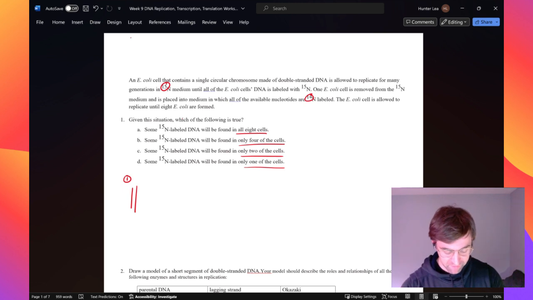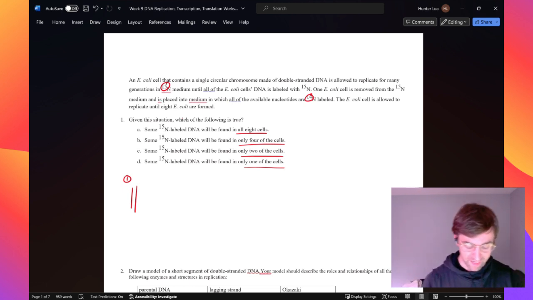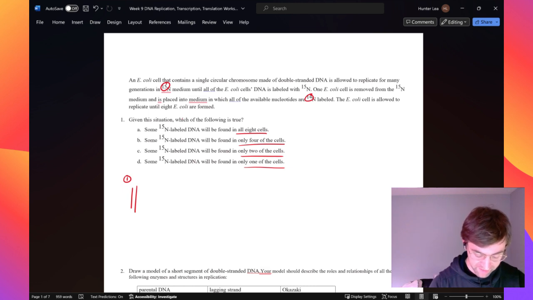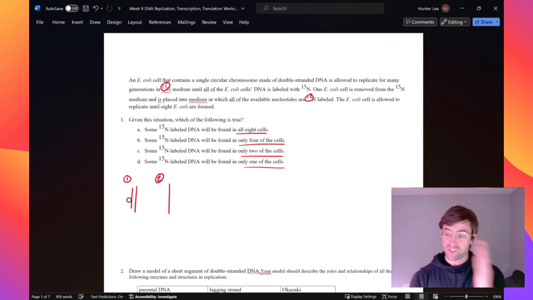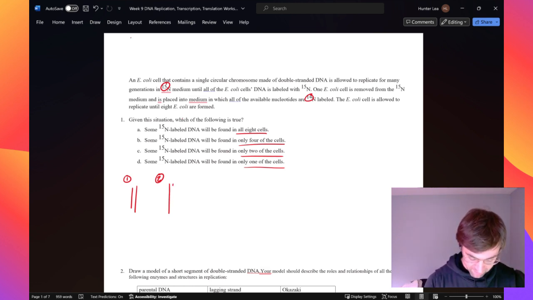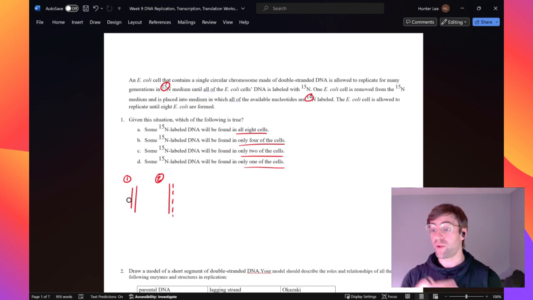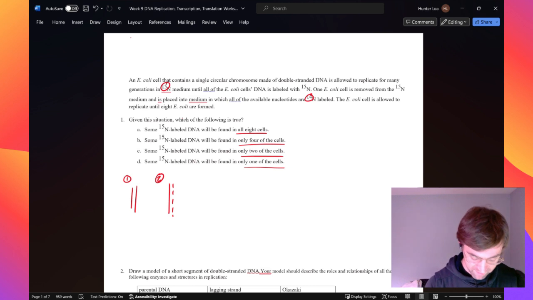In the semi-conservative model, which we know to be correct because of this nitrogen isotope test, the daughter DNA has 1 strand of parent DNA paired with a strand of replicated daughter DNA. I think I'm using the right vocabulary here.